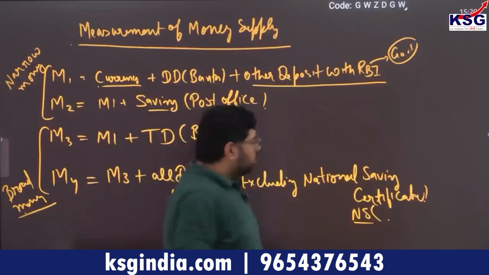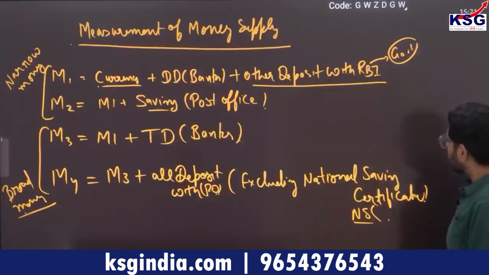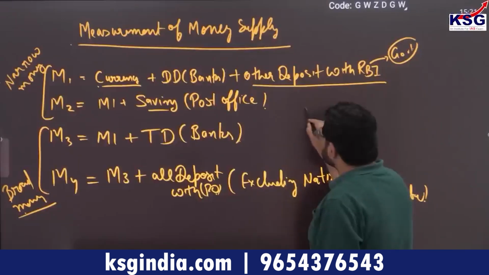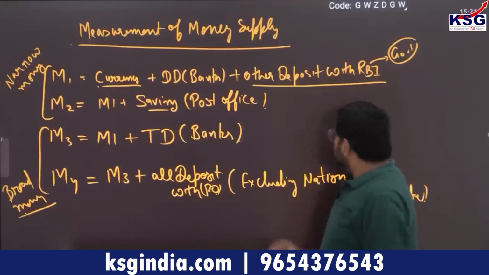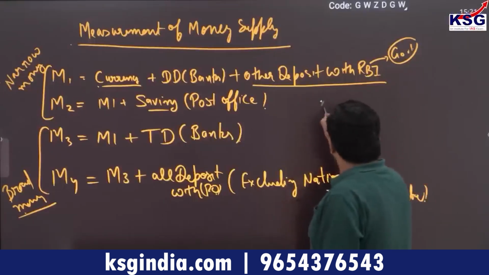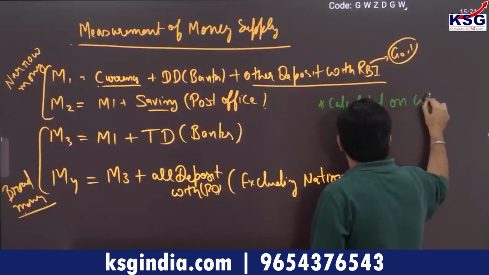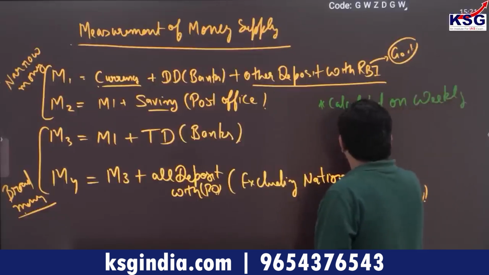Okay. So this is the M1, M2, M3 and M4 concept. Now here you remember one thing, that M1, M2, M3 and M4 are calculated on a weekly basis, and it is calculated by RBI.